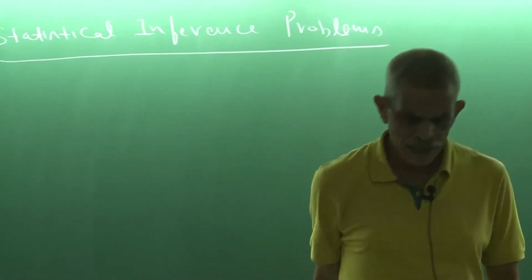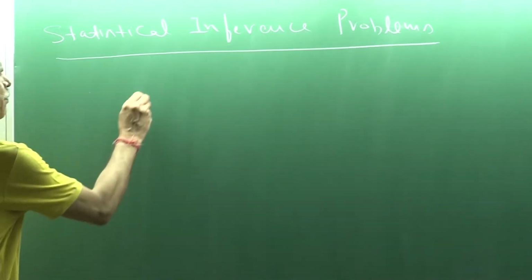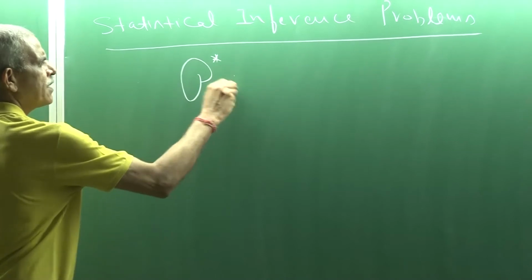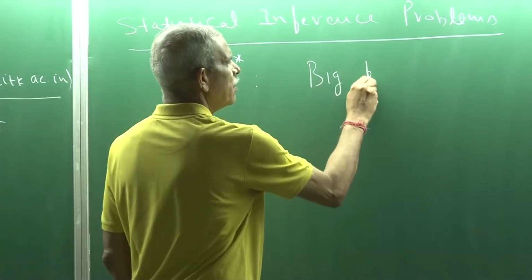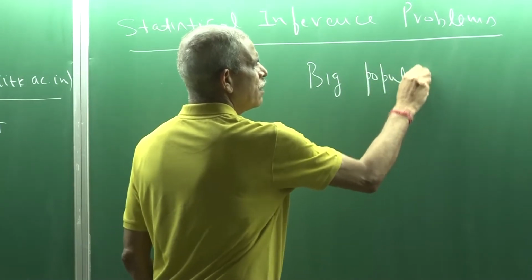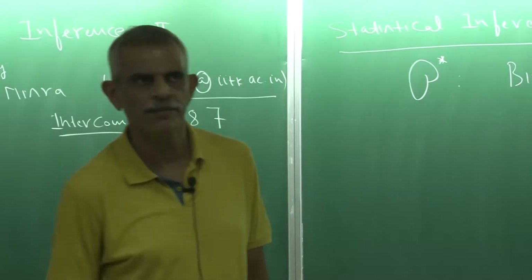A typical problem of statistical inference is that you have a big population. Let us say P star is a big population. This could be, for example, the population of all Indian males.